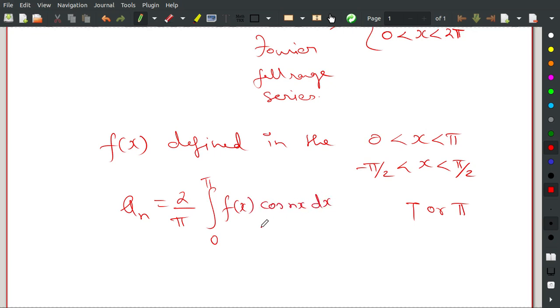So there is no change. So this is the Fourier cosine series. In this case we have bn equals 0.